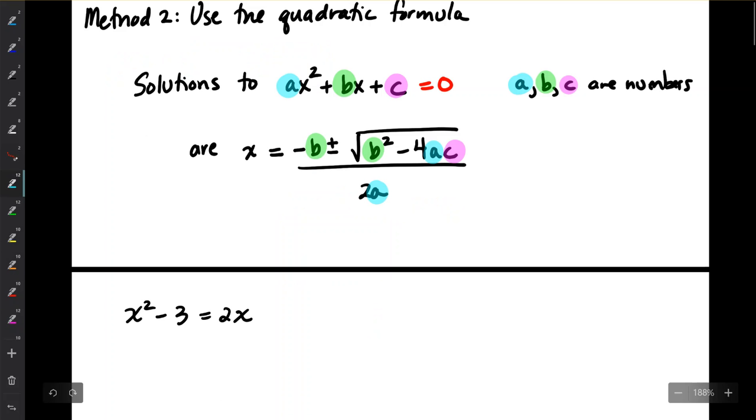Okay, so I just copied the problem from up above. The first thing that we need to do is we need to get this in this form. A specifically is the number with the x squared term. The name for that, if you recall, is coefficient. So a is the coefficient of the x squared term, b is the coefficient of the x term, and c is the coefficient that doesn't have any x. It's what we call the constant.